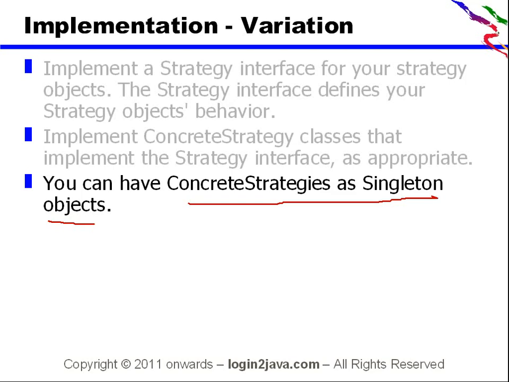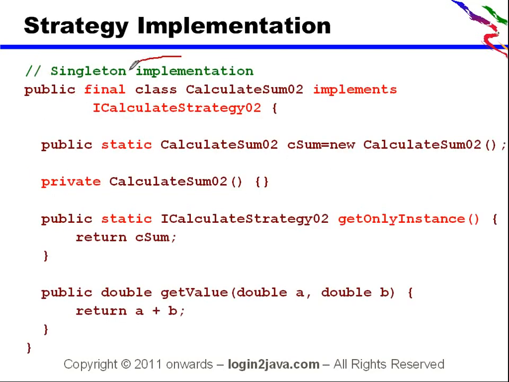So this is the strategy implementation with singleton. To make a class singleton, make the class final, because if final is not there, any class can extend it and create the object. So we have made the class final, implements ICalculateStrategy02.